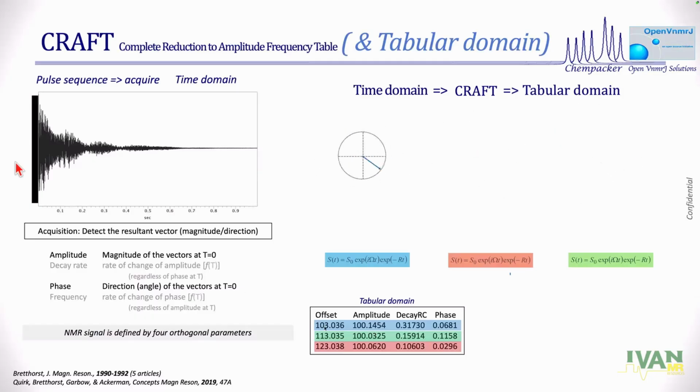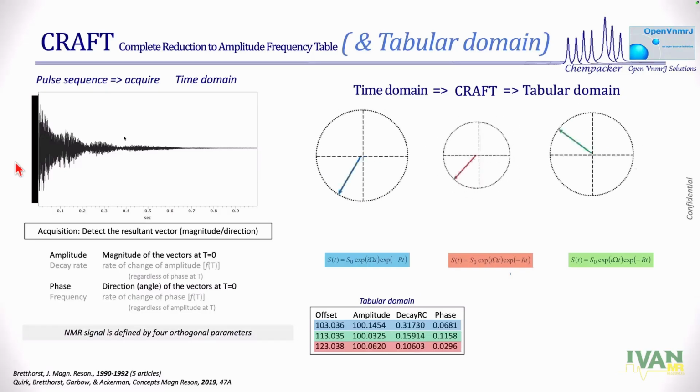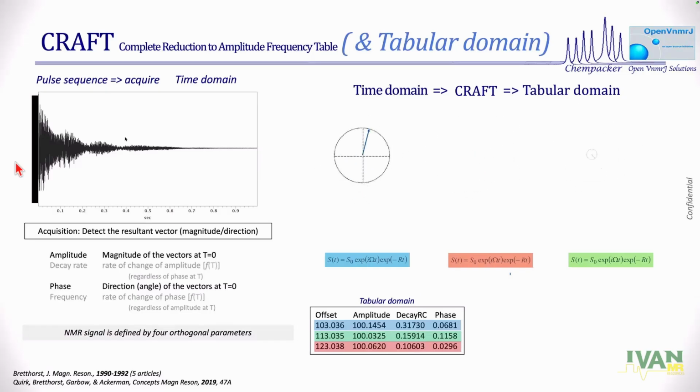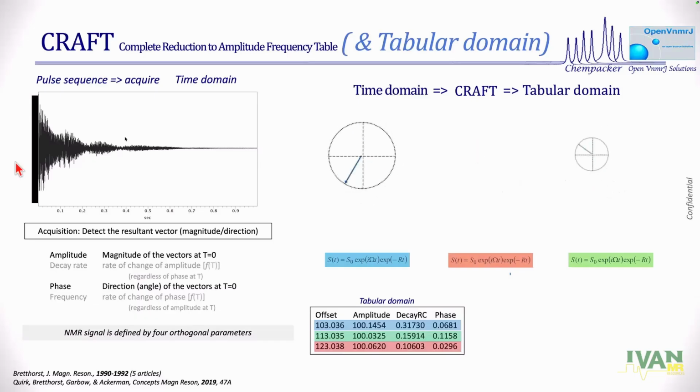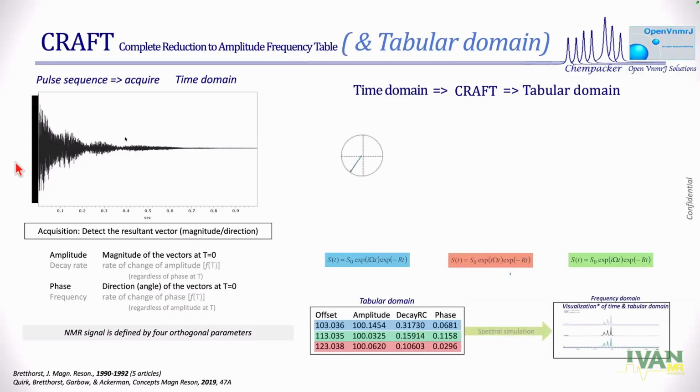So in essence, this table is a representation of the FID at the component level, each one of these magnetizations in that FID in a tabular format. And then obviously we can take that table of magnetizations and simulate your spectrum, and voila, we are happy. That's our domain. I call it a user domain.